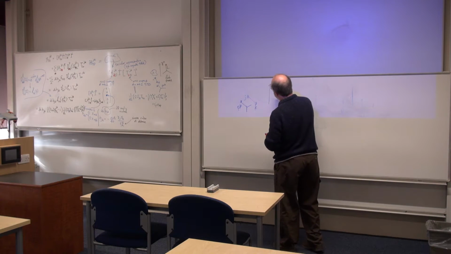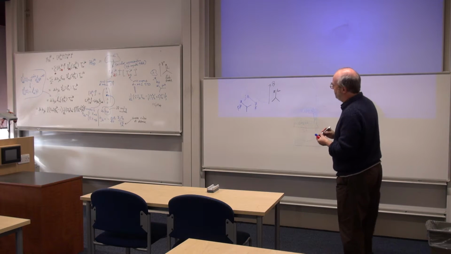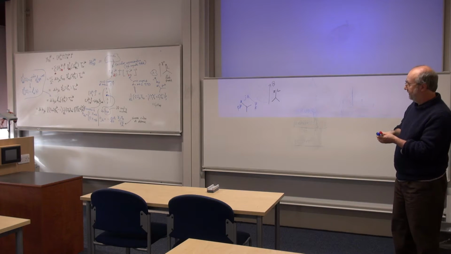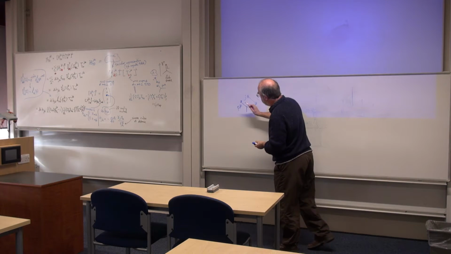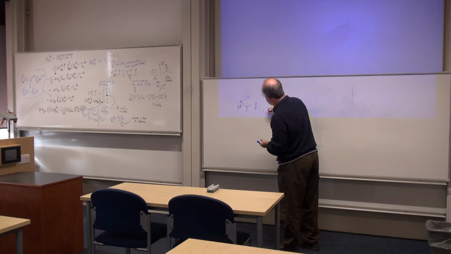And we have the lab frame, whose z-axis is along the magnetic field. Then the beta angle is the angle between the two z axes. So this angle is beta PLJK.